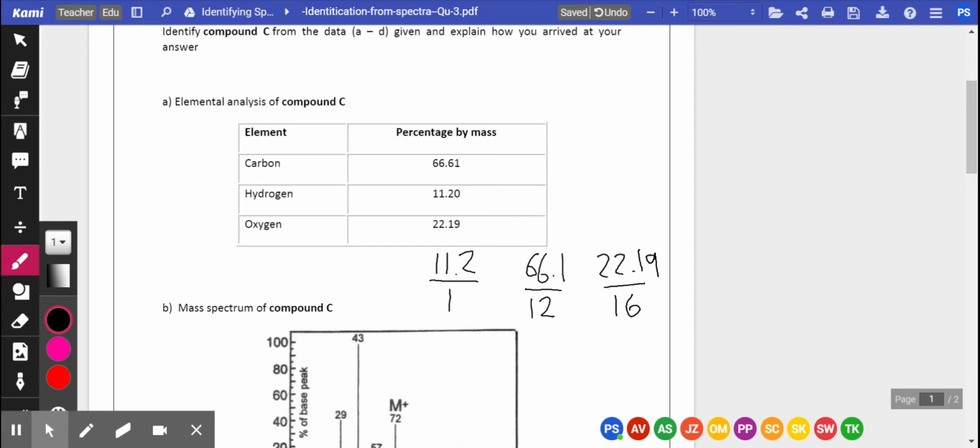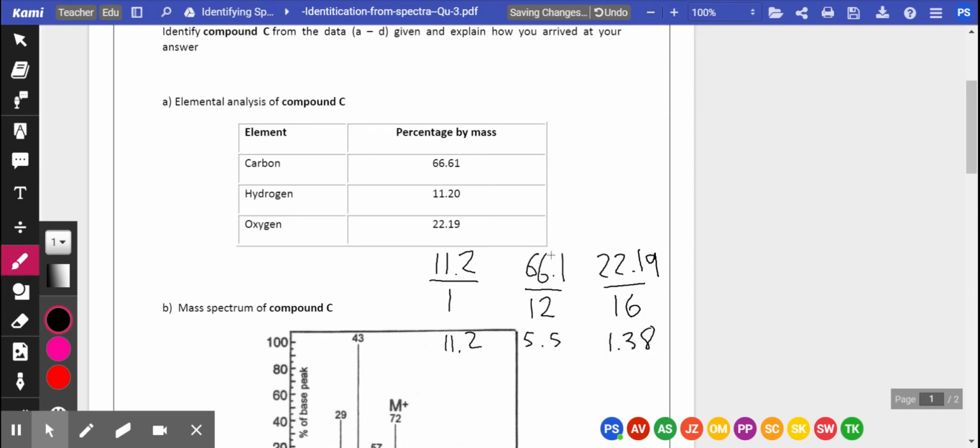So this gives us 11.2, 6.1 divided by 12, 5.5 if we round up, and gives us 1.38.